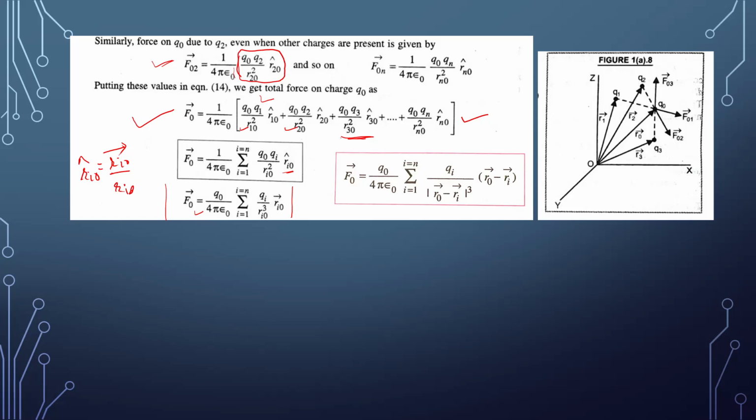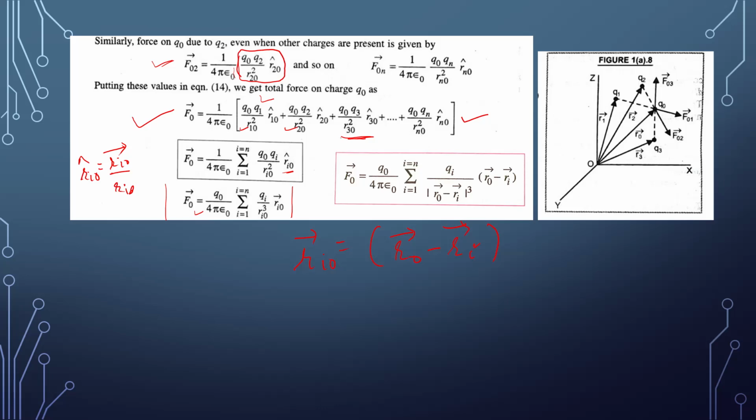And similarly, Ri naught vector can be written as R naught vector minus Ri vector.